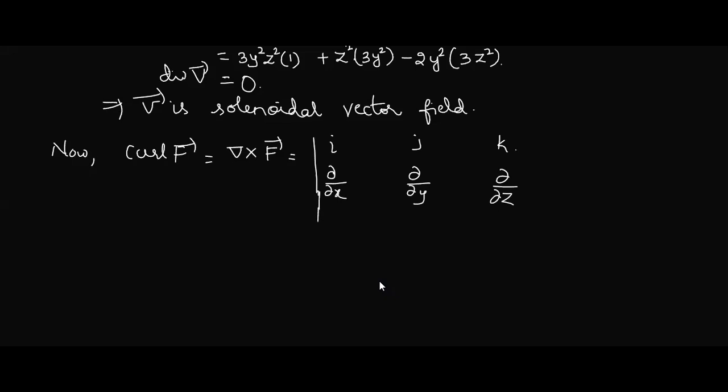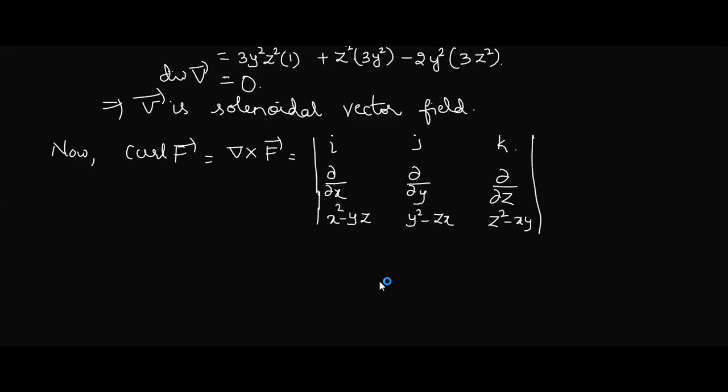Third row is F. What is the i coefficient of F? Hope you have referred to the question. x square minus yz, isn't it? What is the j coefficient of F? y square minus zx, and the coefficient of k is z square minus xy, isn't it?